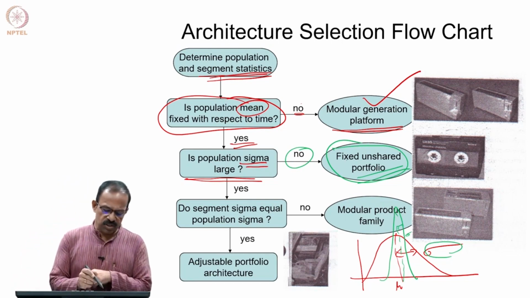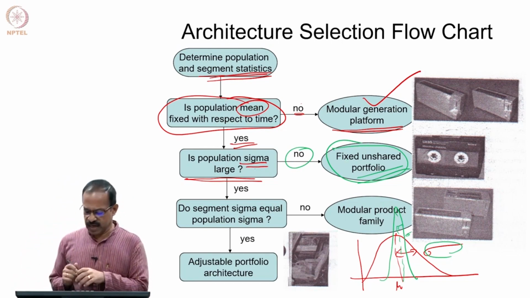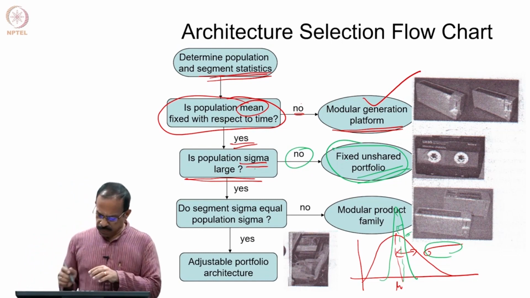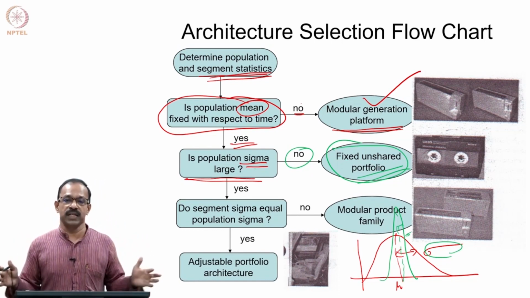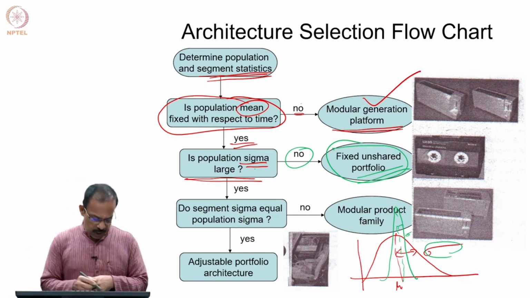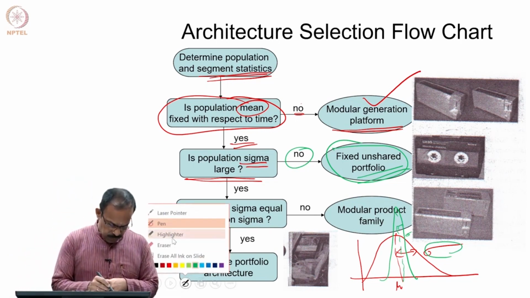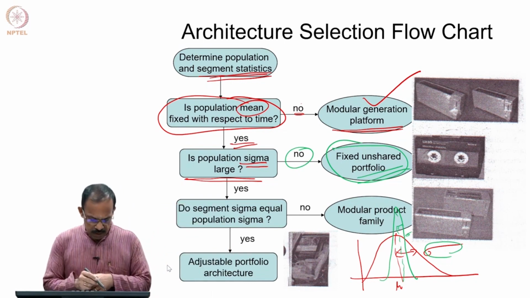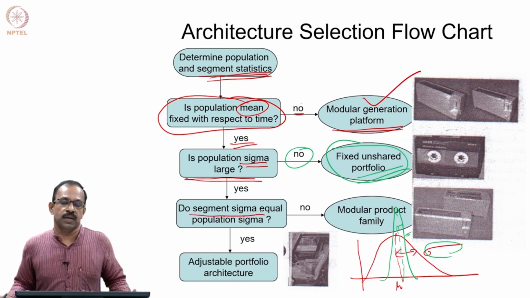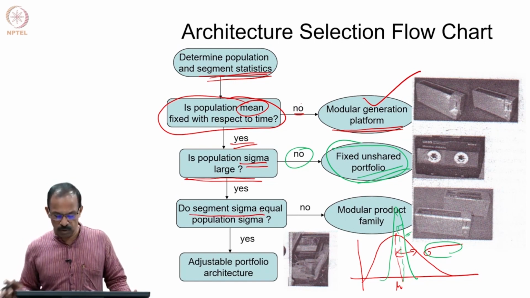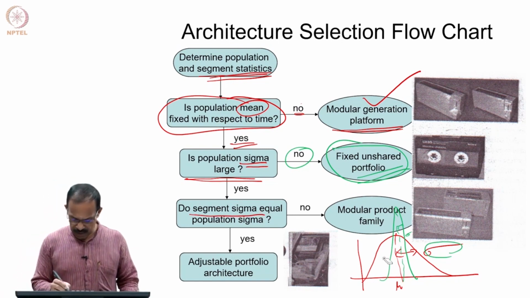Now suppose there is a large variation, the sigma is very large. That means there are people with varied requirements. Then we look at what their segment sigma is, that is, how each segment is performing. So now we will be having multiple segments in the group.